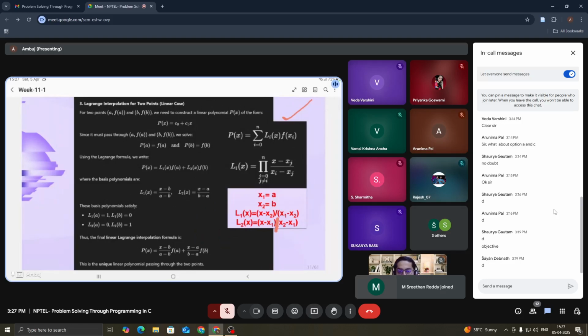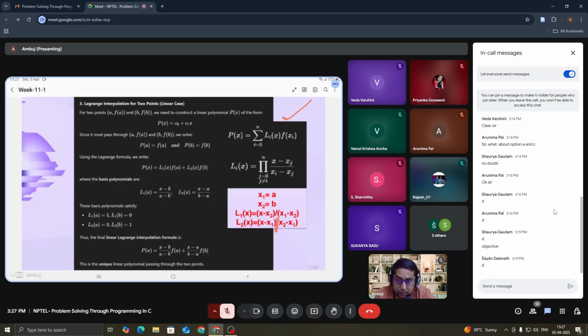Substituting the values of x1 and x2, I will get L1(x) as (x minus b) over (a minus b). No other terms would be there, because only 2 points have been given here. Then L2(x) will be equal to (x minus a) over (b minus a).